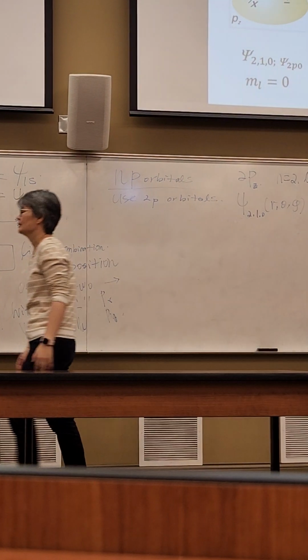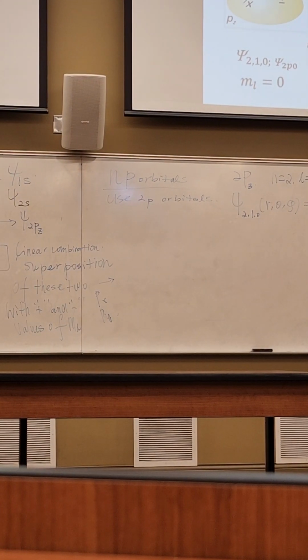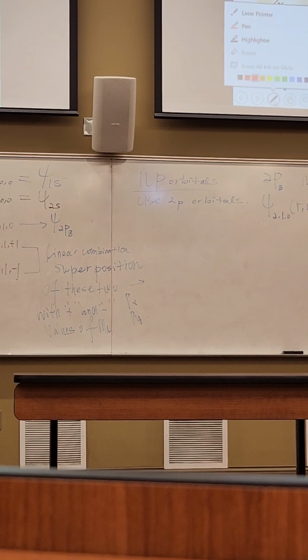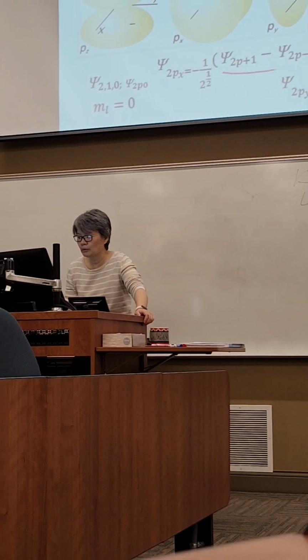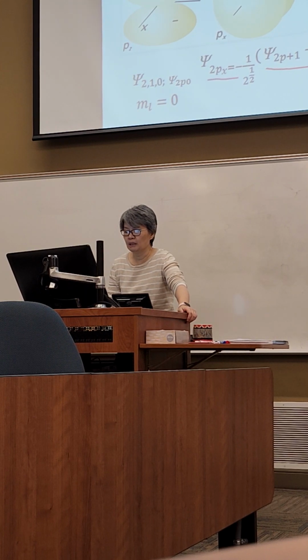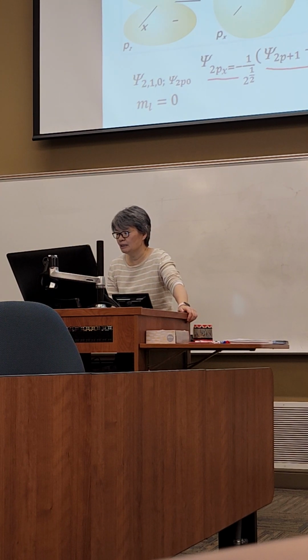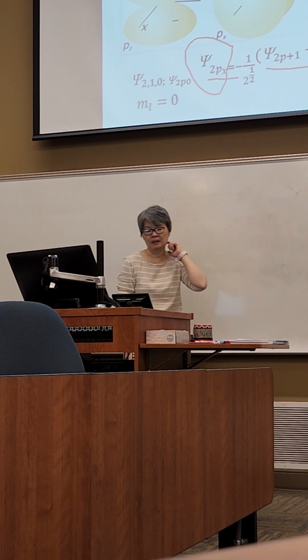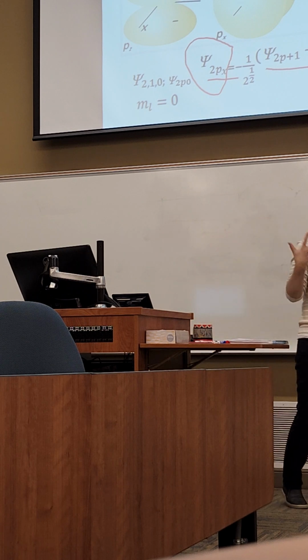So what else do you have? You have a constant. Showing you here, the idea is that you have a linear combination of two of the wave functions in the minus form that forms the 2px. In the plus form, it forms the 2py. But the wave function to represent 2px or 2py has to be normalized.